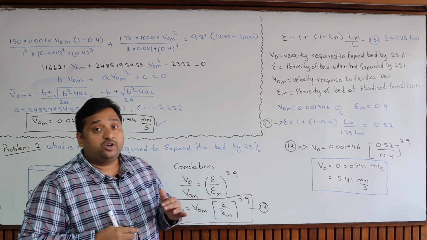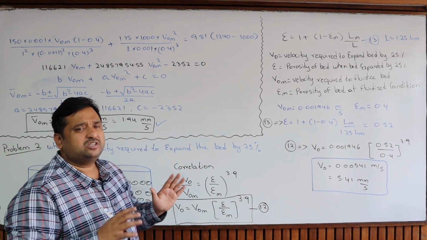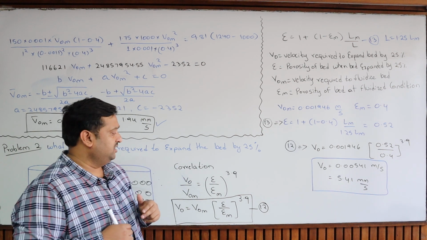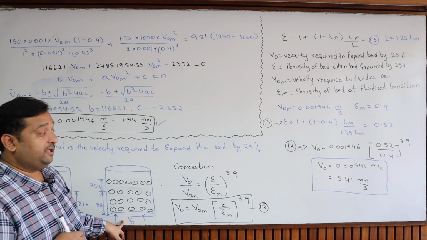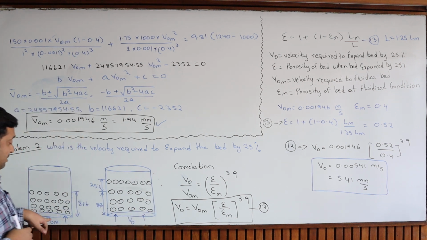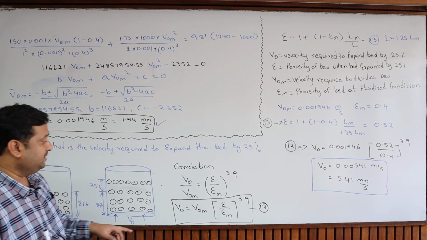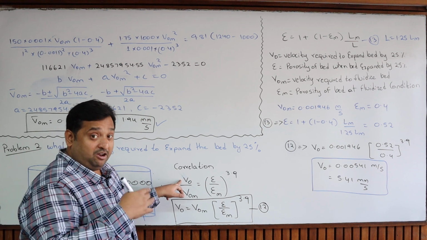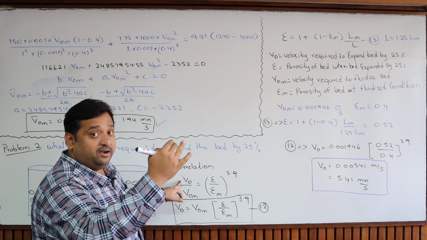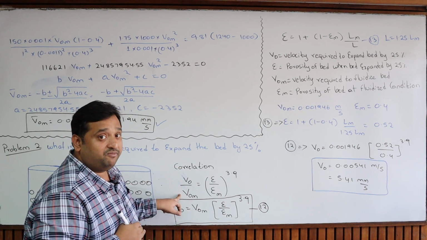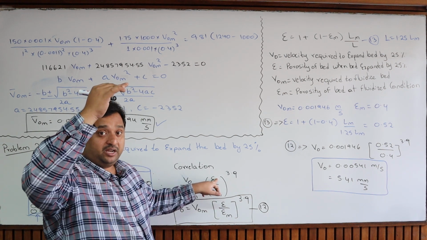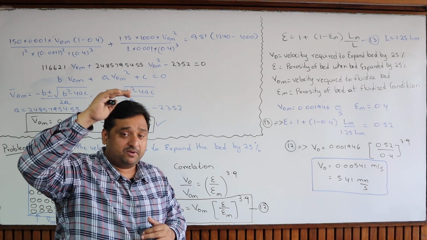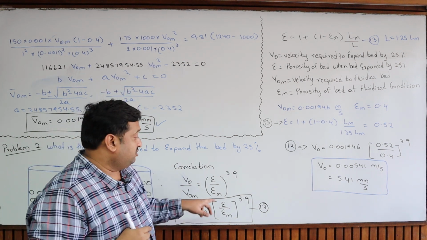To solve this example, you have to use some additional correlations. The first correlation finds the velocity, provided you know the minimum fluidization velocity. The velocity required to expand the bed divided by the minimum fluidization velocity is equal to the porosity at the expanded condition. If the bed is expanded by 25%, the porosity will change, so that is epsilon.